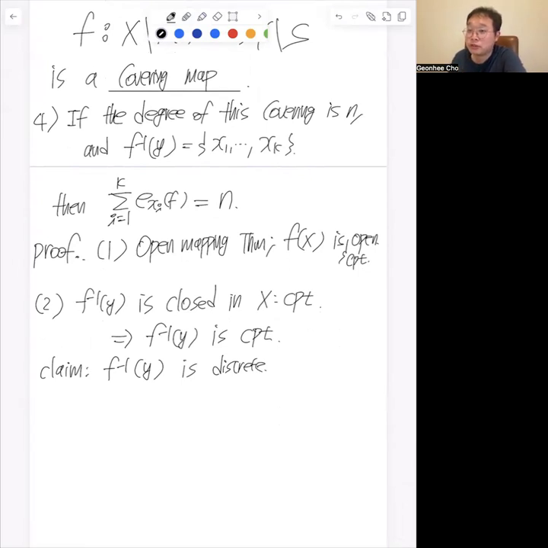Why can we say that? We use a contrapositive argument to derive a contradiction.